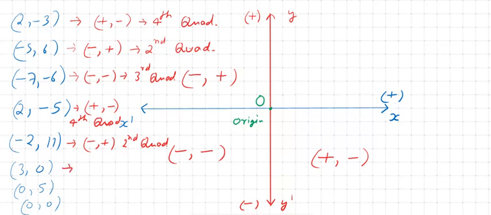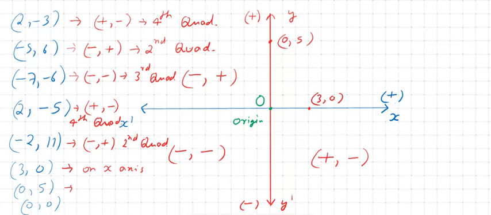Now it is a twist: 3 comma 0. Actually only the x coordinate is here, 3. So it will come here. I'm marking 3 here, and no y means y is 0. So beta, it is coming on the x-axis. Then 0 comma 5: 1, 2, 3, 4, 5. 0 comma 5 will come here.